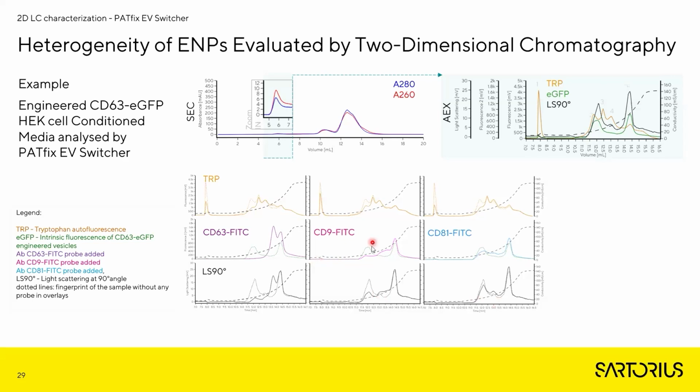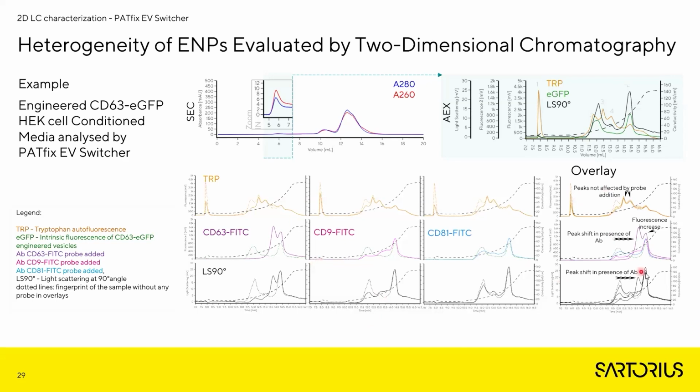And this can actually allow us to assess the possible overlapping populations in the sample. The peaks that remain unaffected by the probe suggest the presence of particles that do not have the targeted marker.